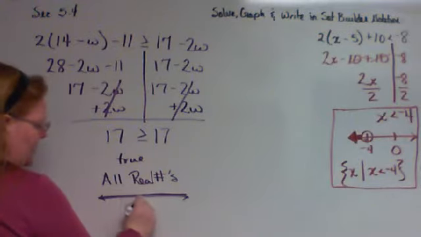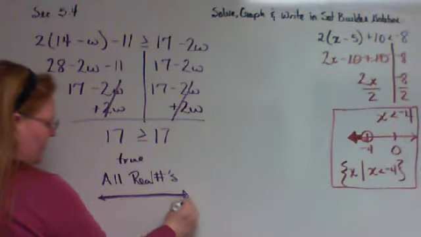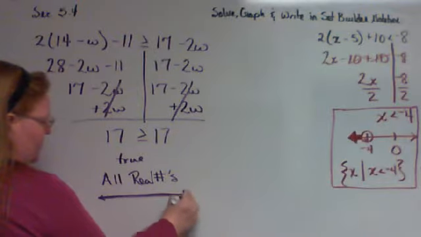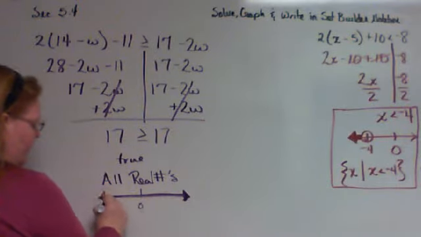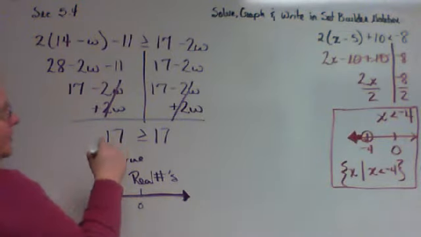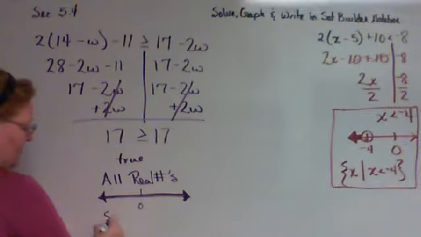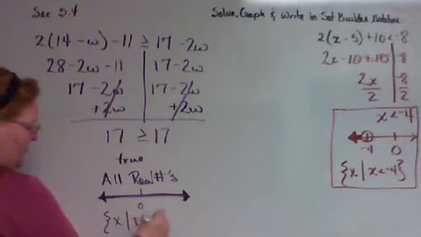So it gets everything on the line. Technically, following Miss Rogers' rules, there needs to be a 0 in there somewhere. But it's everything. And we have to write it in set builder notation. X such that X is a real number.